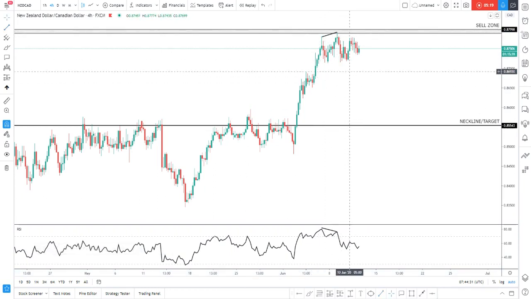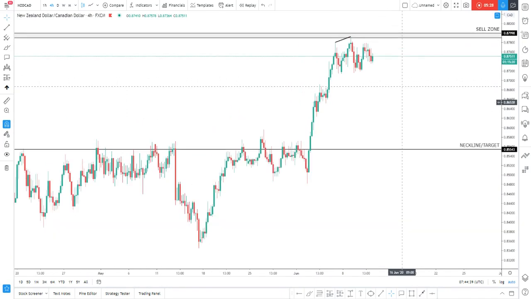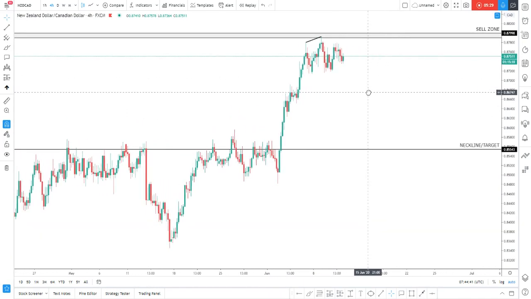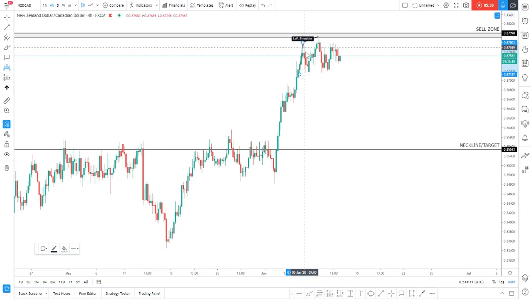We can see how it has formed. Also, if we look closely at price now, there is a head and shoulders pattern forming.